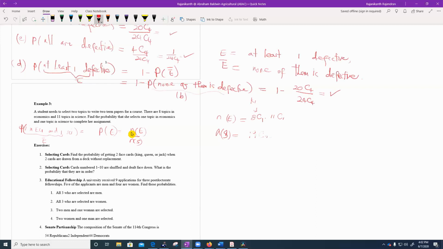Ask yourself in how many ways you could choose in total. In total, there are 19 topics, and she has to choose two. So that is 19 choose 2 ways this could be done. Therefore, simply plug these two numbers in here. So P(E) is 8C1 times 11C1 over 19C2. So take your calculator, type this in, and find out that answer.